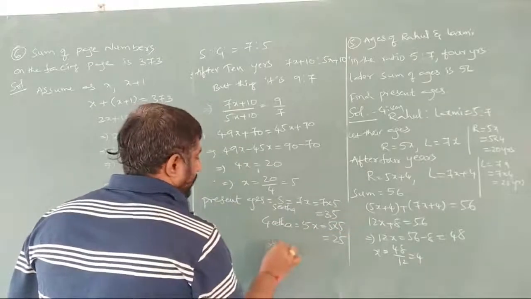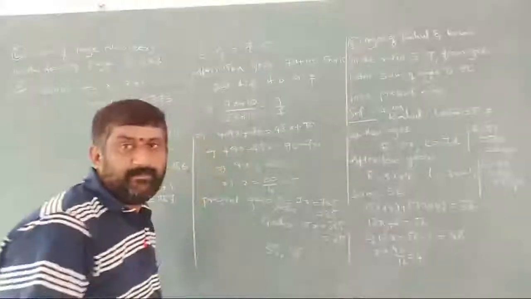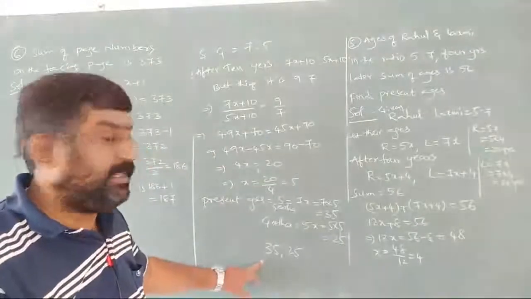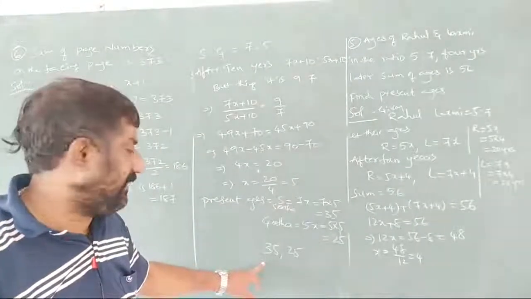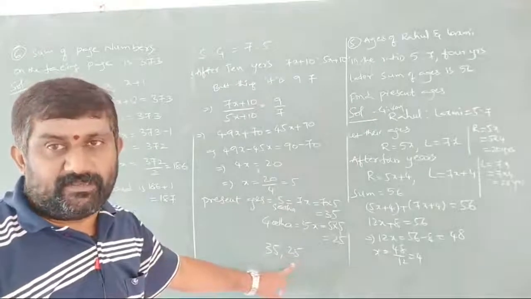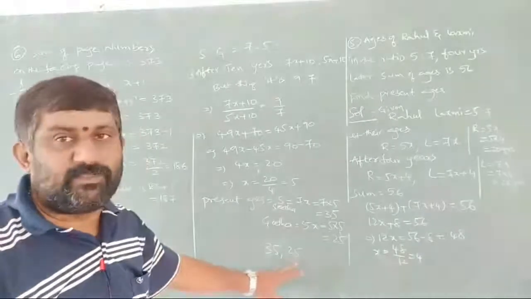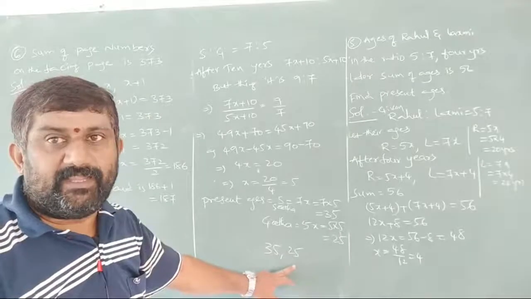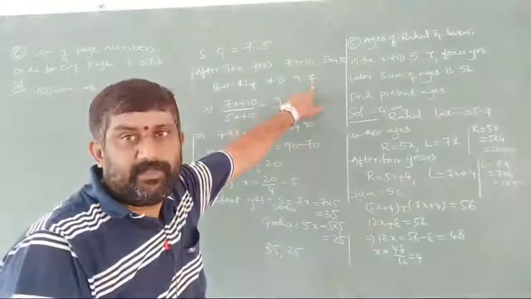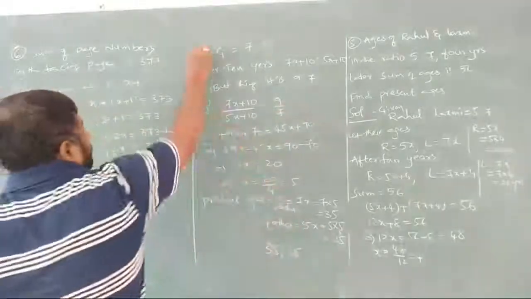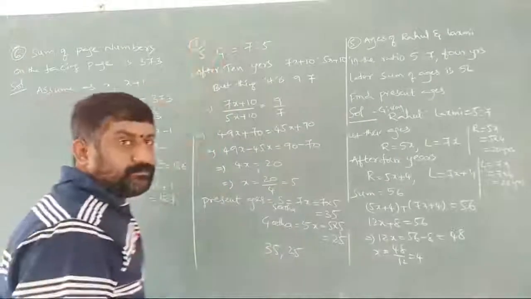So 35 comma 25 is our answer. If you observe here, after 10 years, how much is it going to be? 35 plus 10 is 45, 25 plus 10 is 35. 45 is to 35, 5 9s are 45, 5 7s are 35. So 9 is to 7 we get here. So this is the seventh problem we are taking.